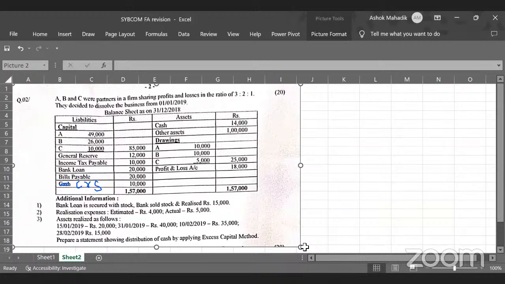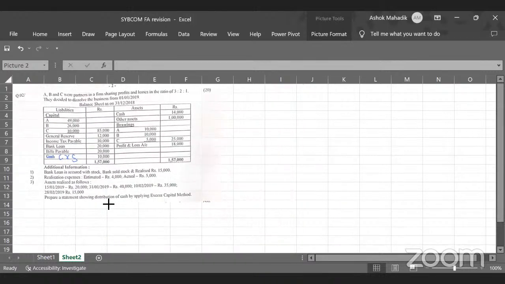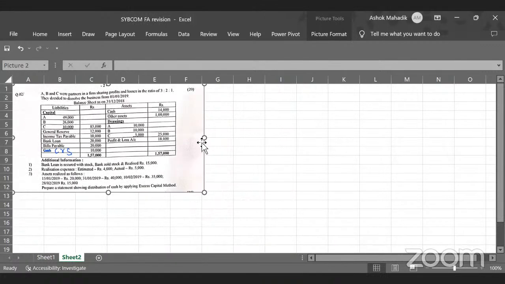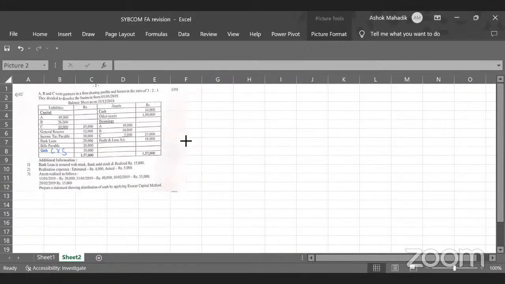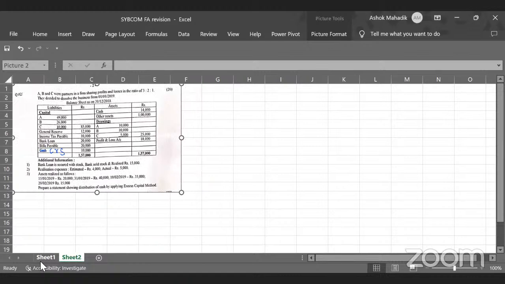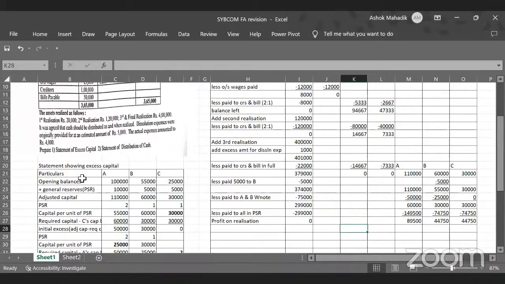Okay, let us solve this sum and just copy the formats from the previous sum. Give me a minute, I'll copy the format. We take the format from the previous sum by copying.